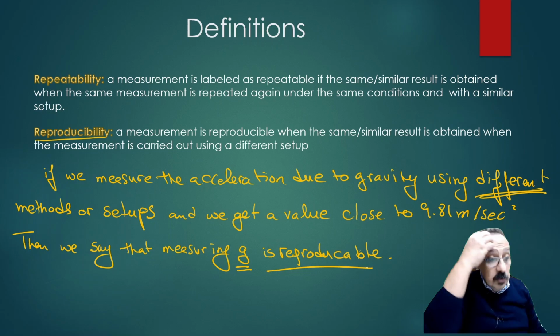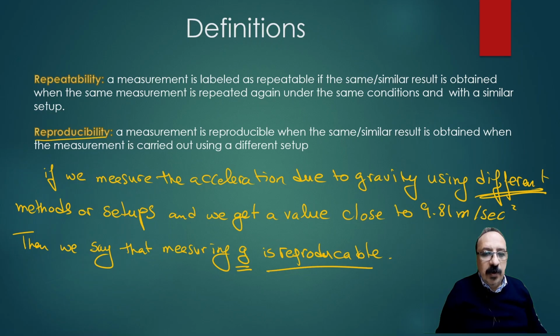So what does reproducible mean? It is that if I use different methods, for example, a simple pendulum, an oscillating spring, or dropping a ball from a certain height, whatever I do to calculate the acceleration due to gravity, I always get a value close to 9.81 meter per second square. Then I say this measurement is reproducible.